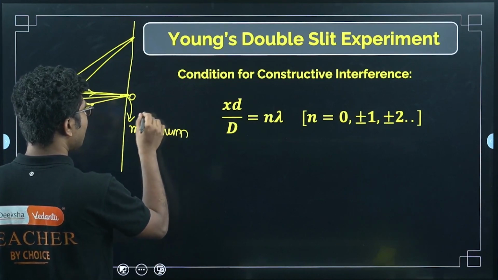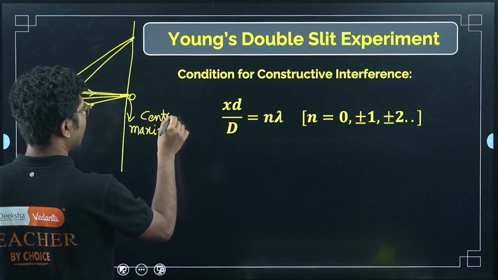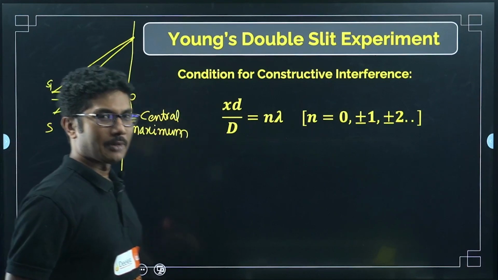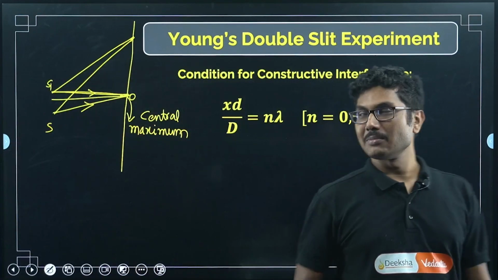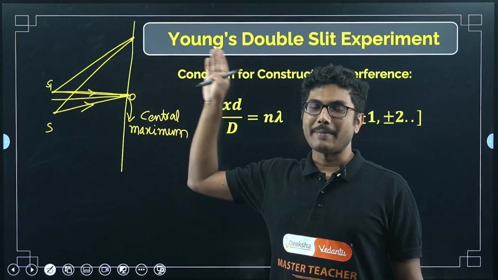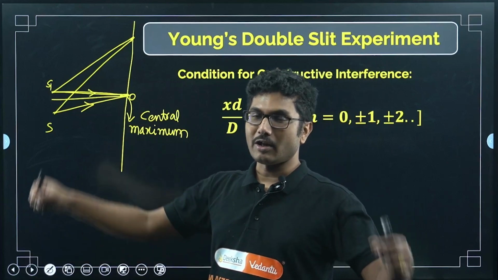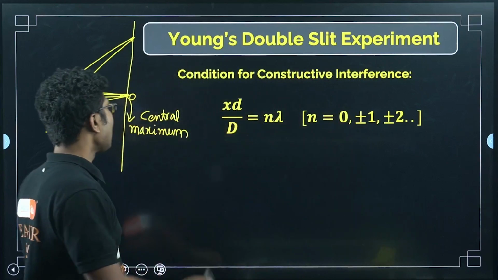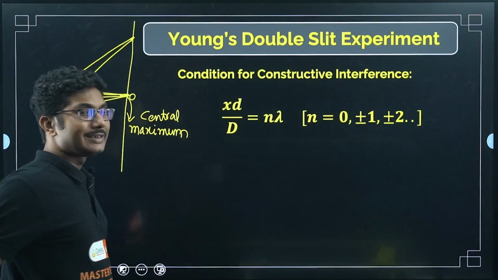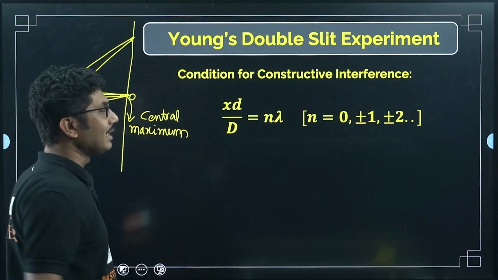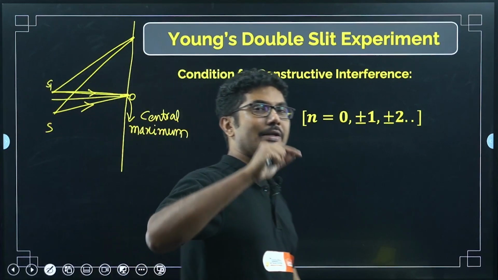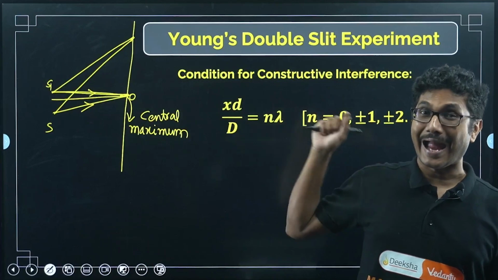and it is called the central maximum. Central maximum stands for the maximum that occurs at the center of the screen. Once they are placed on a screen, you will obtain alternating dark and white bands.